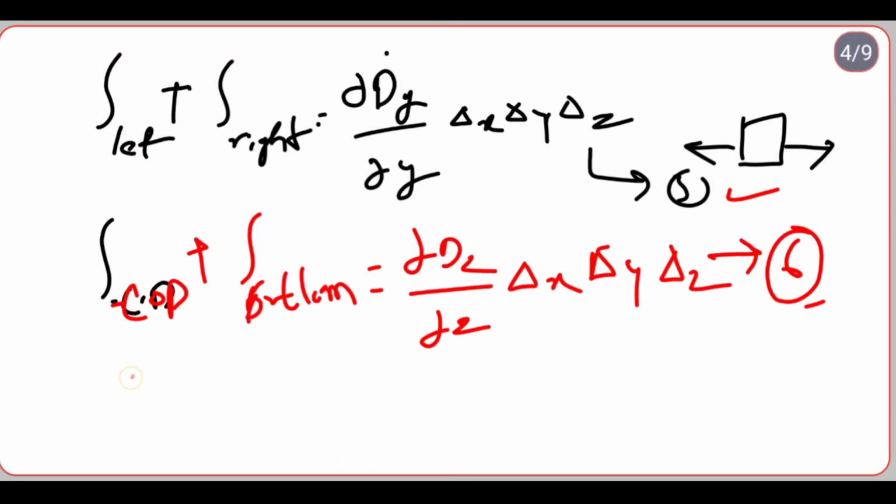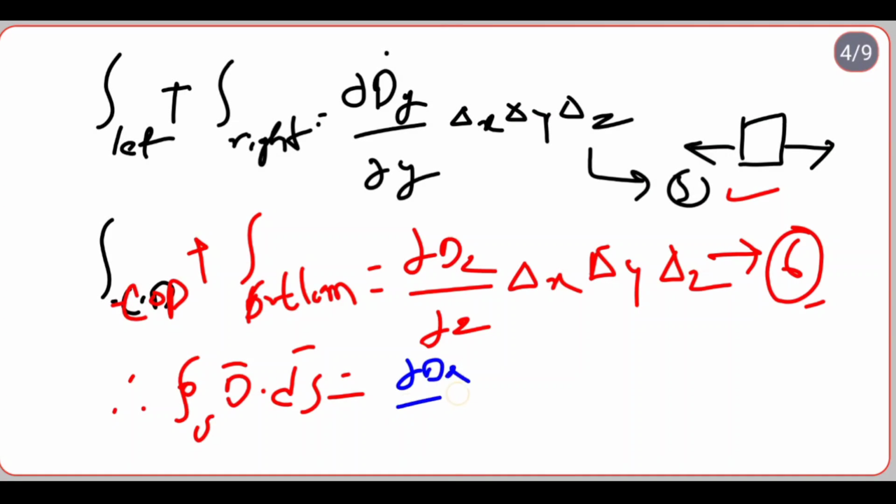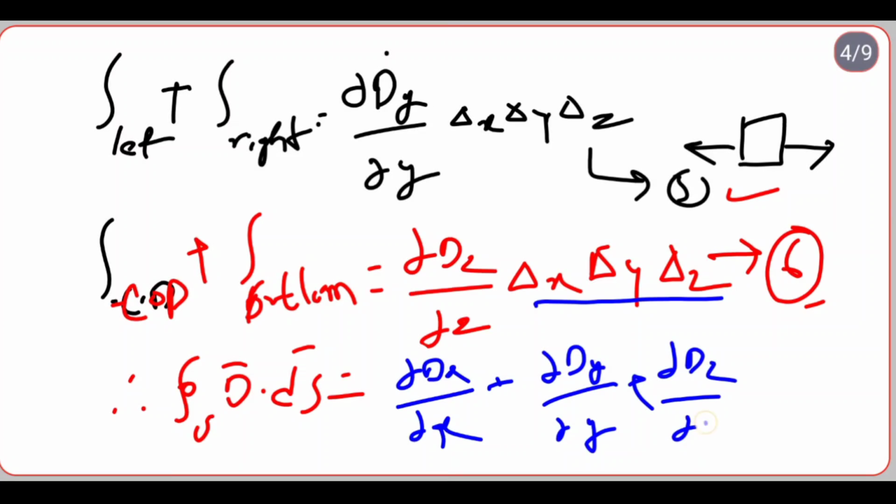The surface integral D dot dS equals, substituting equations 3, 4, 5, 6, dou Dx by dou x plus dou Dy by dou y plus dou Dz by dou z, into the common term delta x delta y delta z.